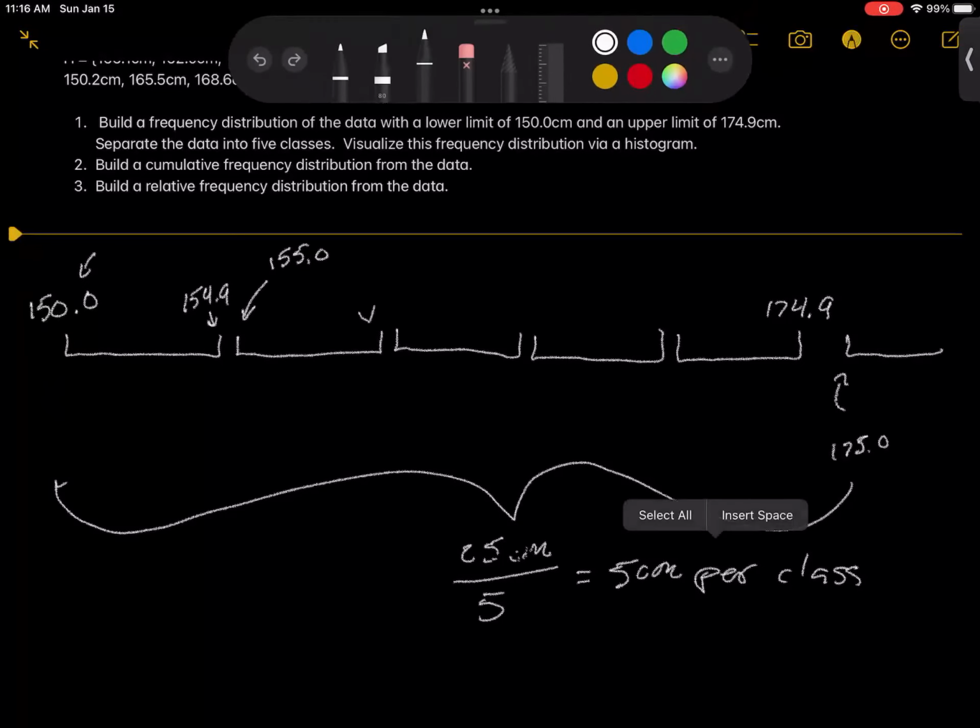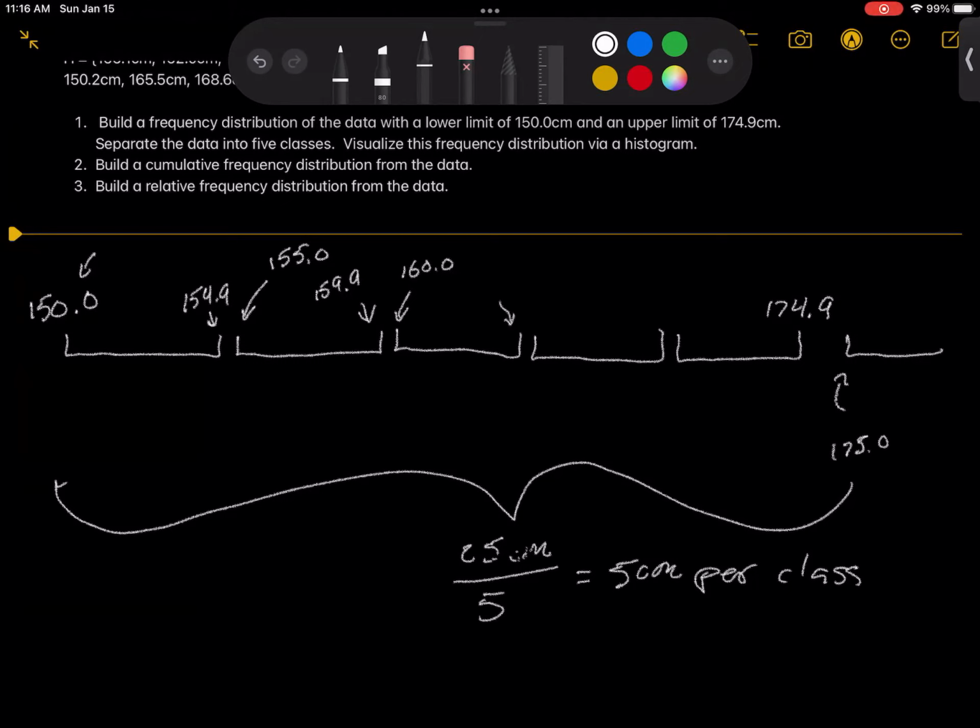All right, my second class is going to end at 159.9. My third class is going to pick up at 160.0. It will end at 164.9. My fourth class will begin at 165.0 and end at 169.9. And my fifth class is going to pick up at 170.0, and then it will finish taking me to 174.9.